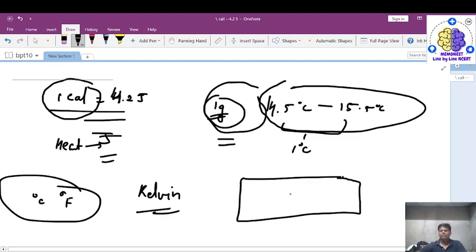In thermometry, we will see how the scale is calibrated on a thermometer. Now, suppose this is a thermometer and it has the mercury bulb over here.